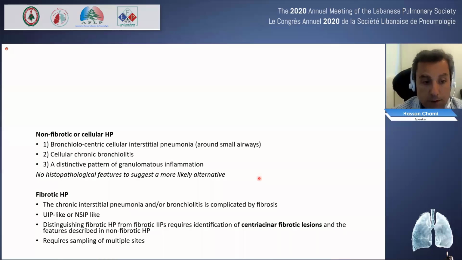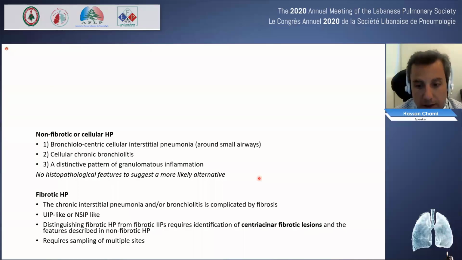Now, the diagnosis of fibrotic HP, similar to the imaging, is more challenging because here you have a chronic interstitial pneumonia that's fibrotic. So you have the fibrosis that's complicating the findings of the cellular HP. And you could have UIP-like or NSIP-like features that could really confuse the picture.